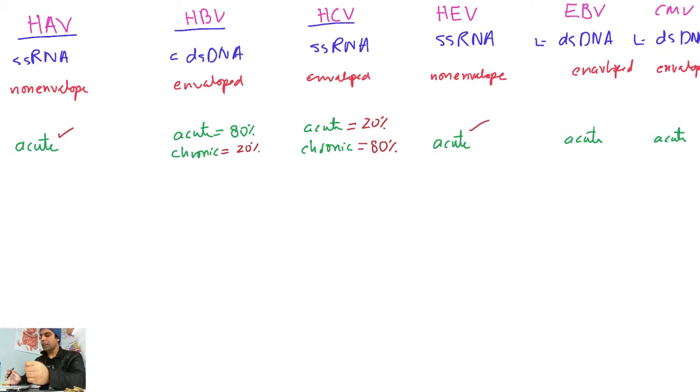Good? Now, when it comes to B, think of B as babies. In babies, it's worse. In newborns, in neonates, it is actually 80% that becomes chronic. In adults, 20%. Why is that important? Because you will be asked about it. I don't know what else to tell you.